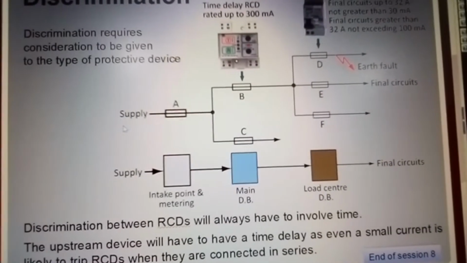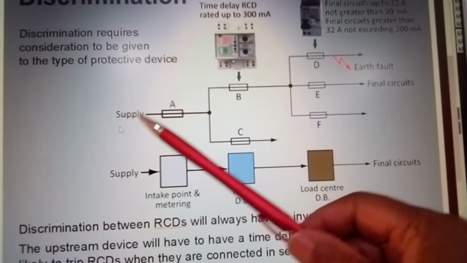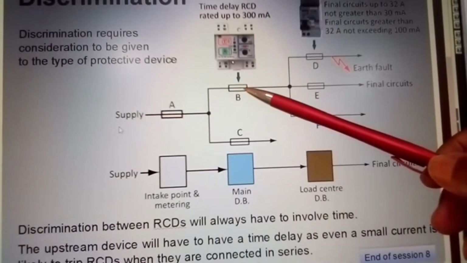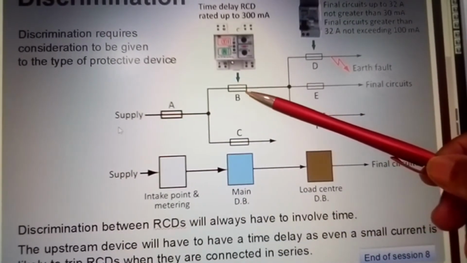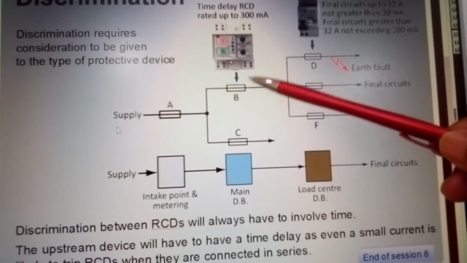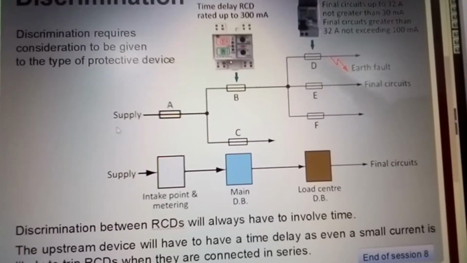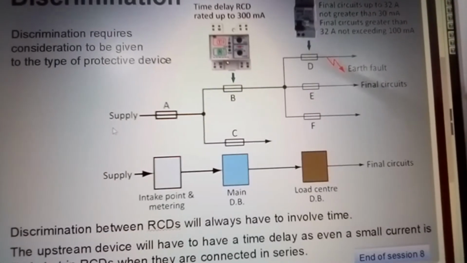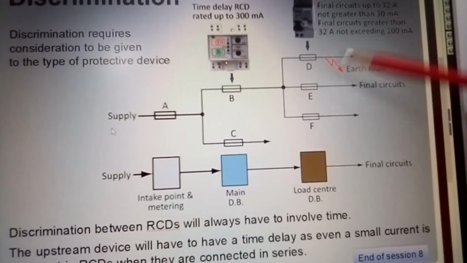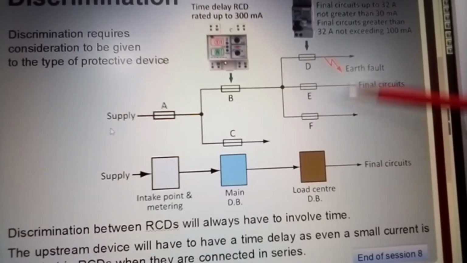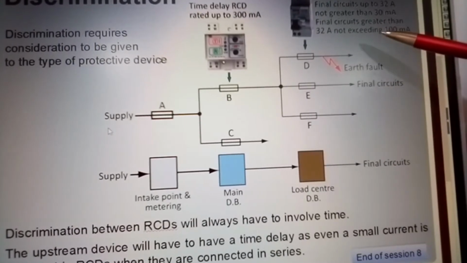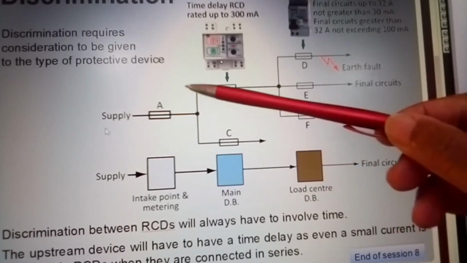Now, look at your discrimination here. You have your supply, A, your main distribution boards, whether that be B or C, and your load centers. This is your diagram.